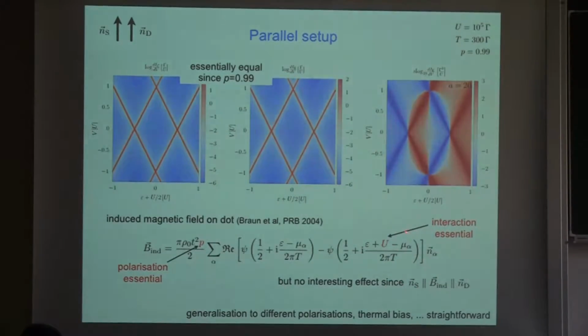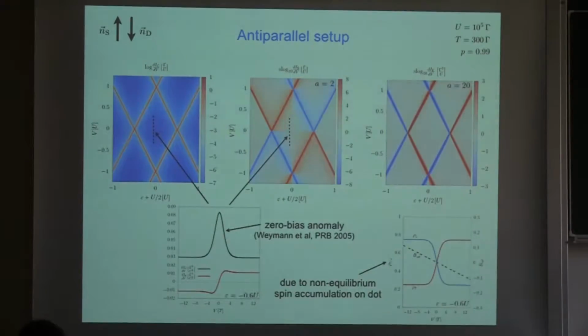But what is also important is that we have an interaction on our dot to break particle-hole symmetry. For the parallel setup, this induced magnetic field doesn't give any interesting effects because all the vectors here are parallel to each other anyway. But as I said, generalizations to different polarizations, thermal bias, and so on are straightforward.